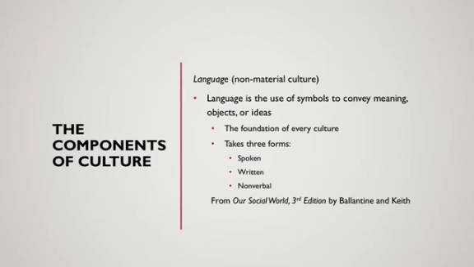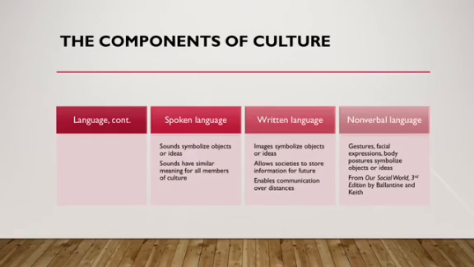It is a basic foundation of the culture, and it takes a couple of forms. It takes spoken form, written form, and even nonverbal form. So, spoken language is sounds that symbolize objects and ideas. Written language is actual images that symbolize objects and ideas. And nonverbal language becomes gestures, facial expressions, body posture. All of those things symbolize objects or ideas, our values, our beliefs.